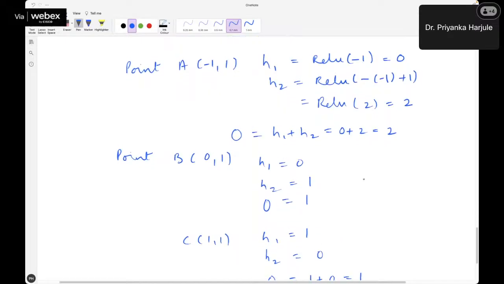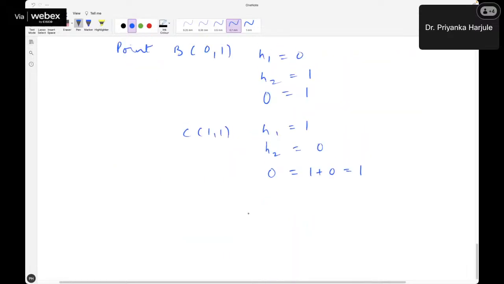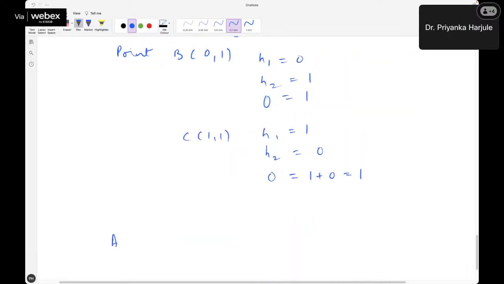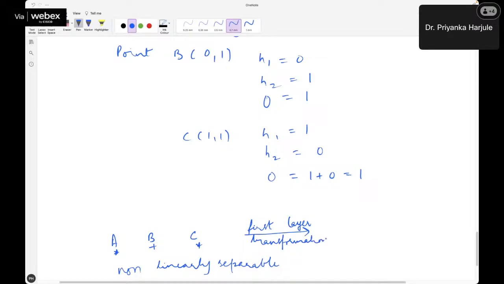So that was your not linearly separable case. If I have to draw the diagram, A was in the star class, B was in plus, and C was in star, which was not linearly separable. With the first layer transformation itself, using these calculations, you have separated it linearly.